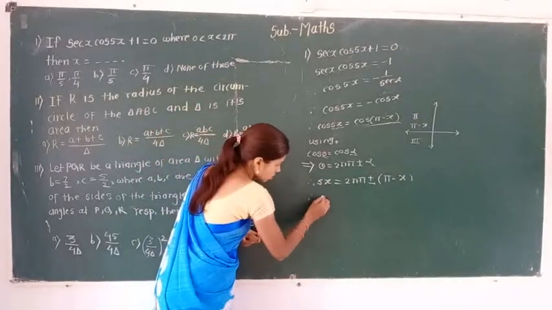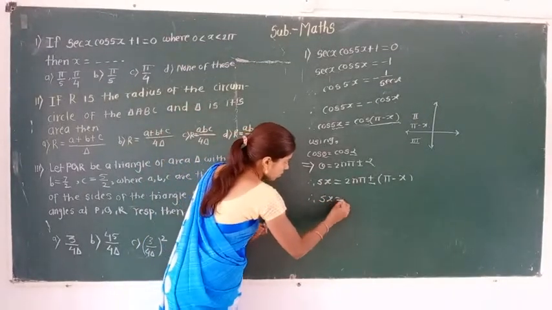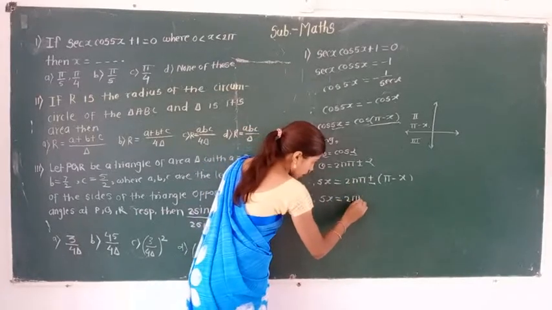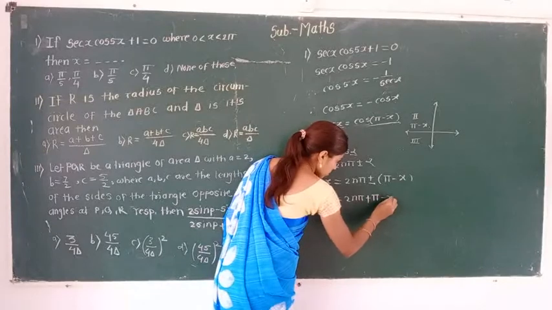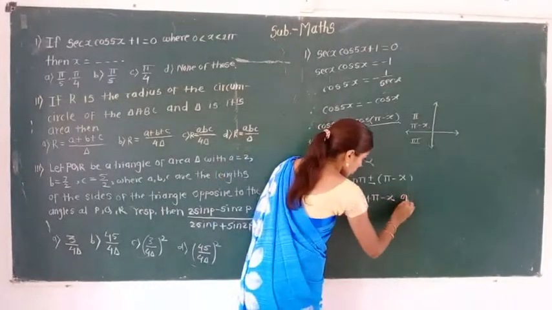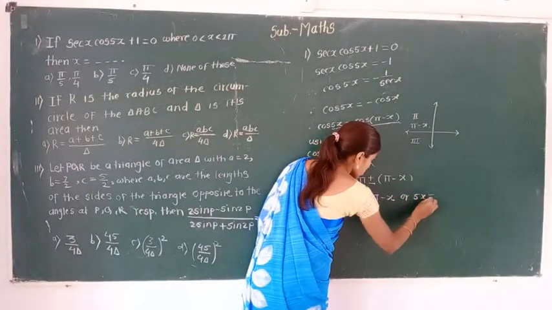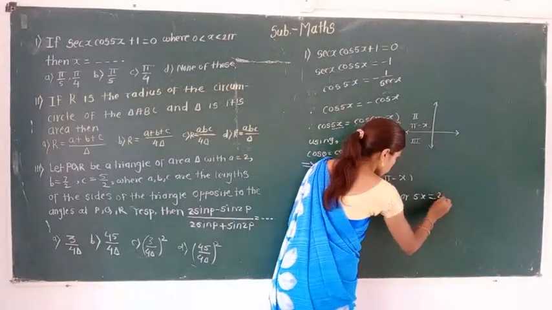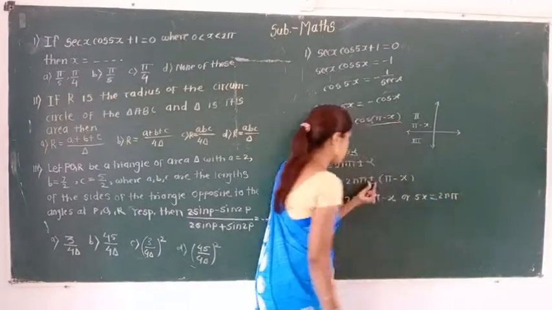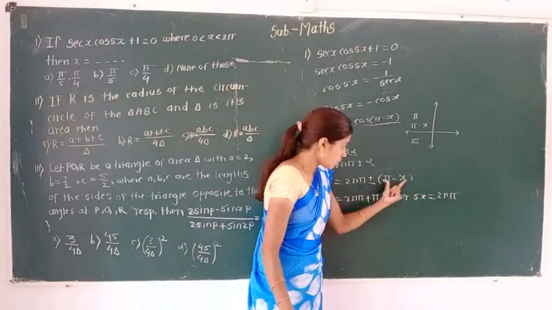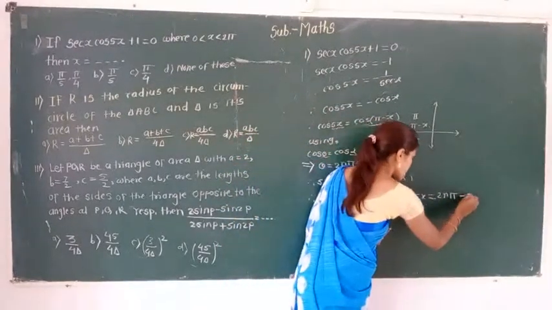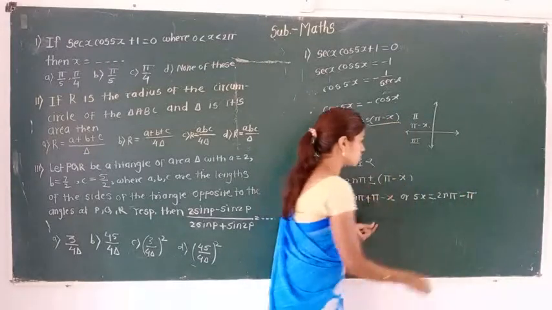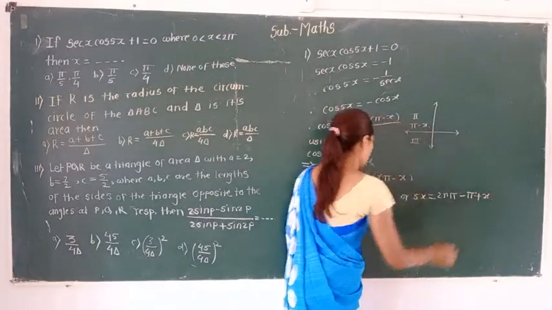So now simplify this equation and find out the value of x. We can write 5x is equal to 2n pi plus pi minus x, or x is equal to 2n pi minus, and if we multiply this bracket we get minus pi, minus minus is plus x.